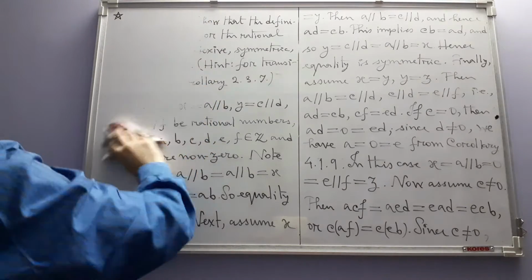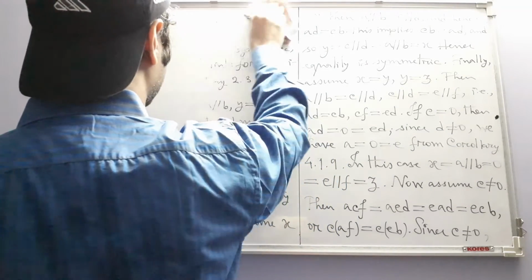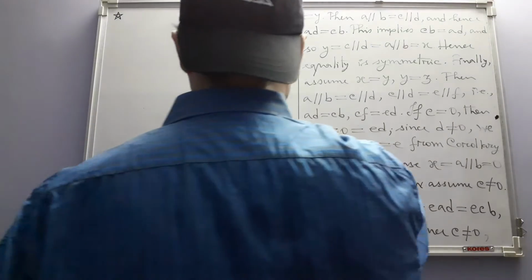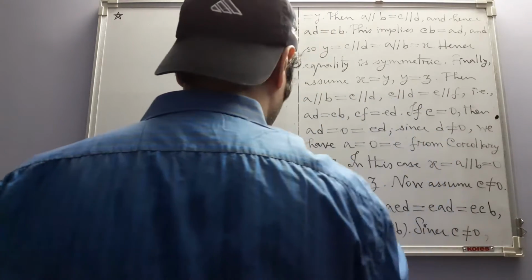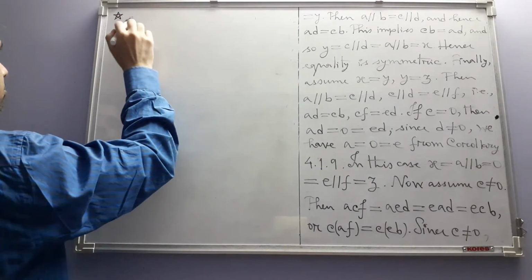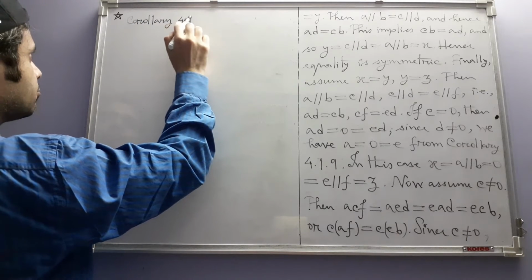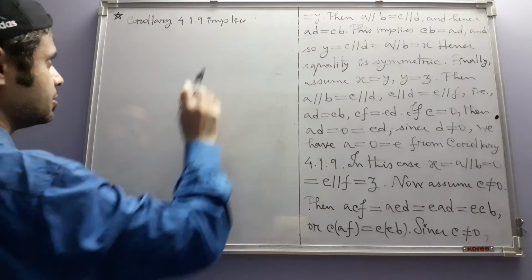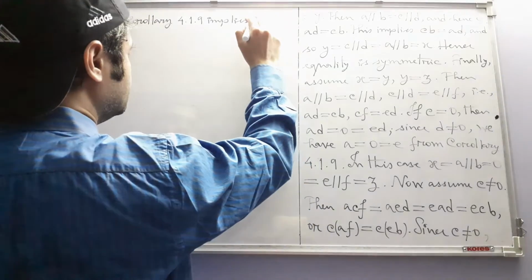Today I am going to rub it less, so that way it won't get smeared. Since c is non-zero, corollary 4.19 implies af is equal to eb.